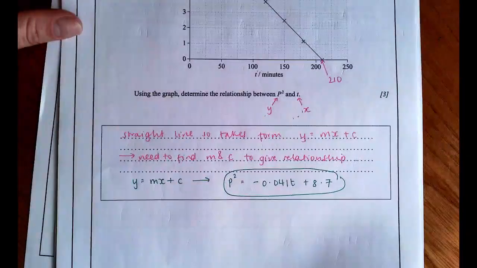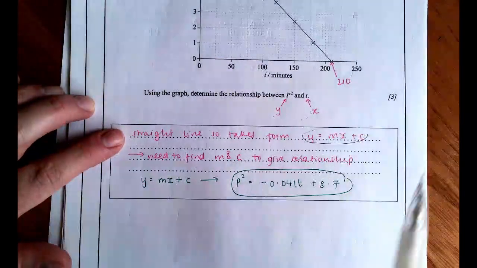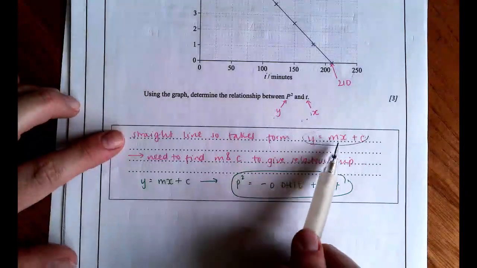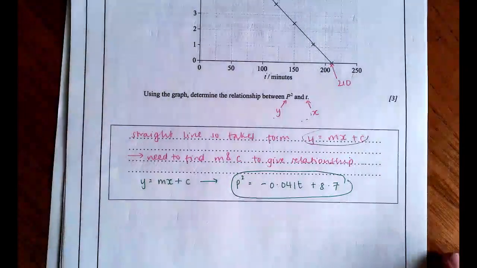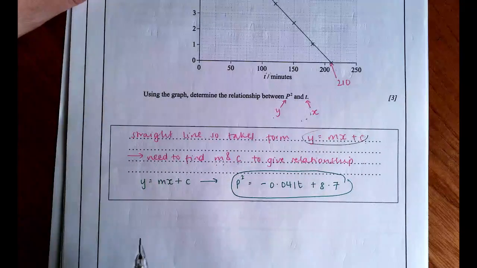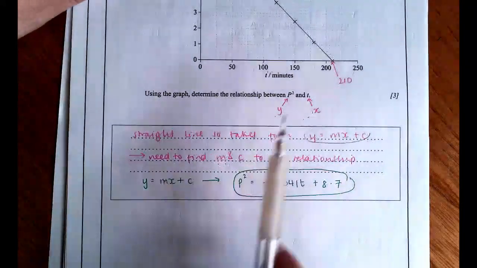Okay? The fact that we have a straight line graph tells me that the form of the graph is y equals mx plus c, where m is the gradient and c is the intercept. I then need to find those values to be able to give the relationship, because the relationship is defined by the equation of the graph.